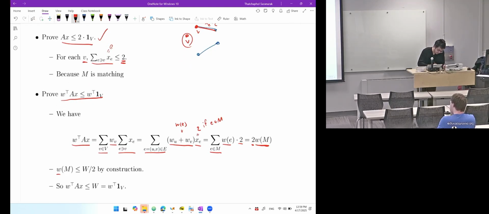But the weight of the matching is at most W over 2 by construction, by our condition. So this is then at most W times 2 over 2, which is W times 1. So this is good too.